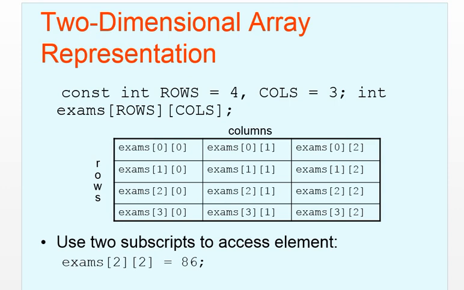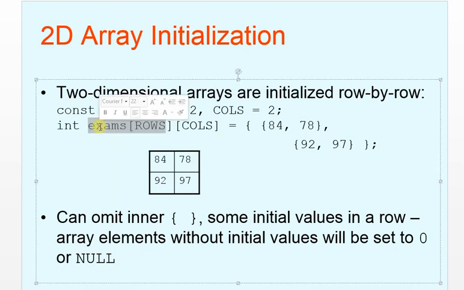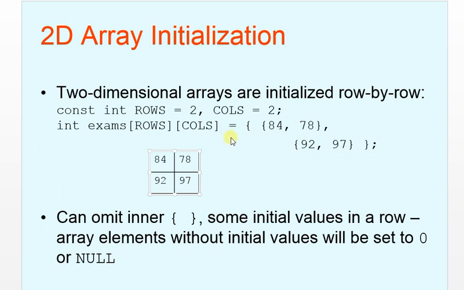One other thing to point out here, when you're initializing an array, here's that exams array again, a little smaller this time, so 2 by 2, so it has 2 rows and 2 columns, as you see in this little table. Initializing it is still in the curly brackets, but then we can put the individual rows inside curly brackets also within the other set of curly brackets.